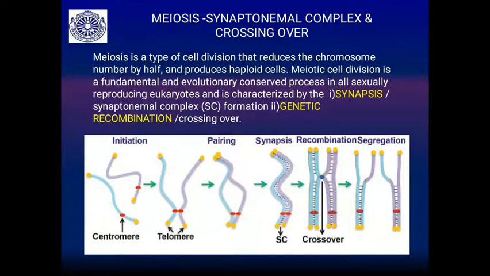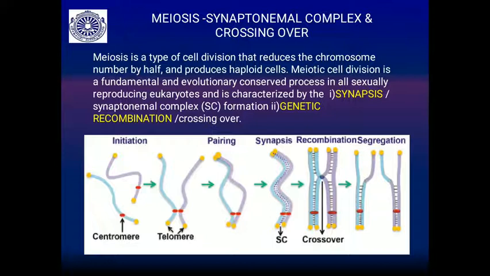The synaptonemal complex is something you will find during meiosis. You know already meiosis is a type of cell division that reduces the chromosome number by half and produces haploid cells. Meiotic cell division is a fundamental and evolutionarily conserved process in all sexually reproducing eukaryotes and is characterized by two processes.